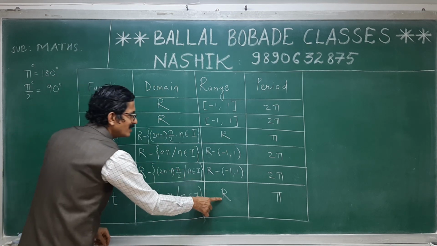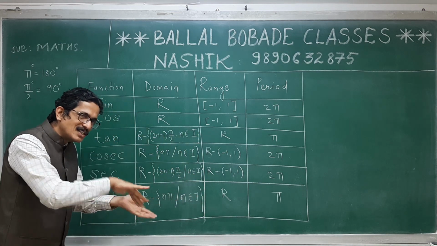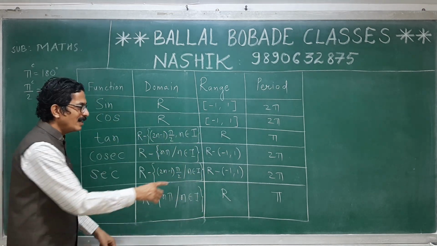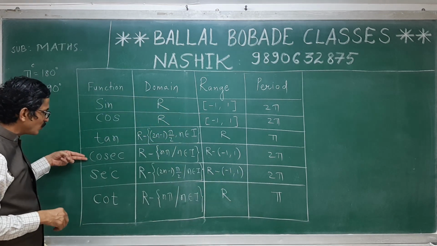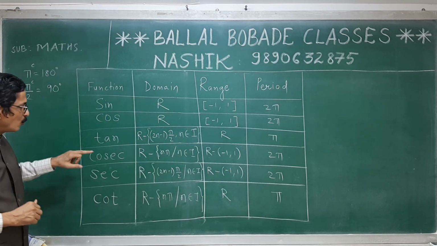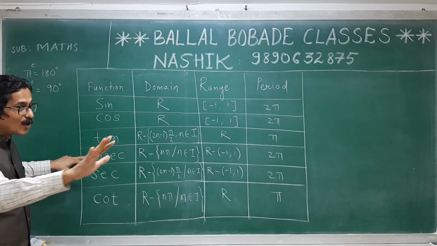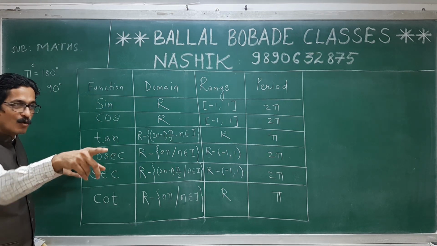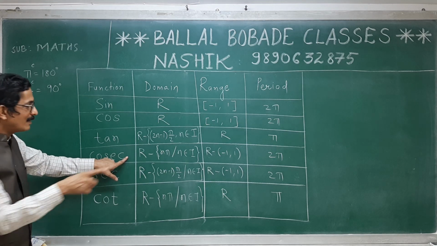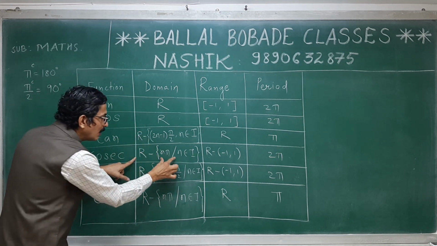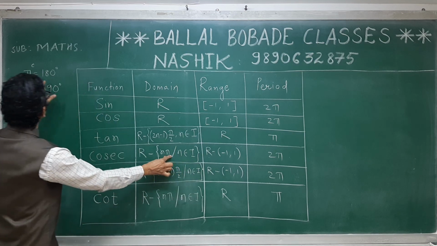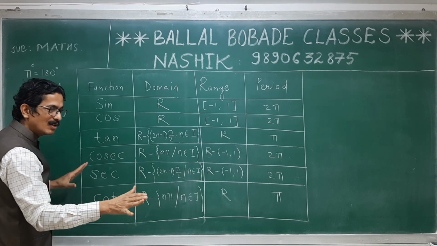The answer you get is the same as tan, from minus infinity to plus infinity, and hence its period is also pi. Now two things are left: cosec as well as sec. Cosec is 1 upon sine. So you will not allow sine to become 0 because it is in the denominator. Therefore all multiples of pi, pi being 180 degrees, are not allowed.